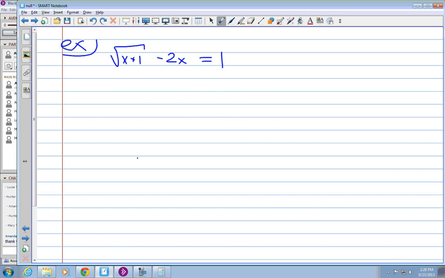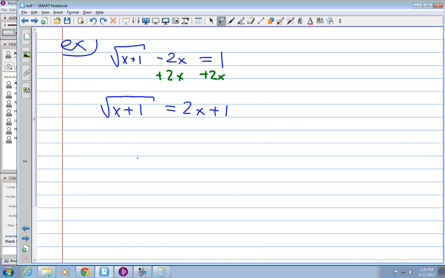So square root of x plus 1 minus 2x equals 1. So there's an equation that involves a radical. So what is the step 1? Yeah, get the radical by itself. So it means add 2x to both sides, right? Get rid of that 2x. So add 2x to both sides of the equation. Get the radical by itself. So we have a square root of x plus 1 equals 2x plus 1.